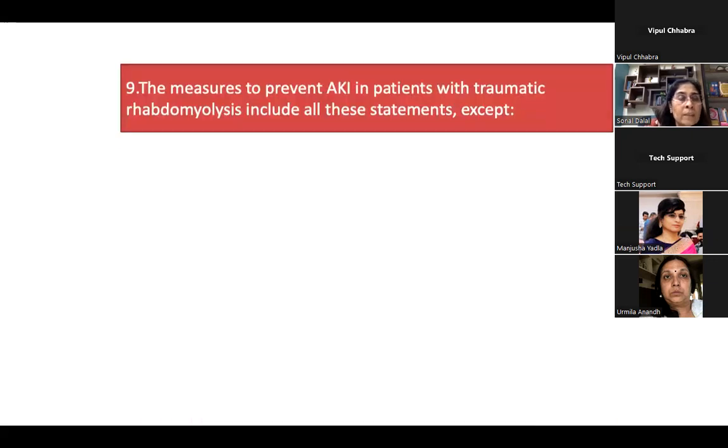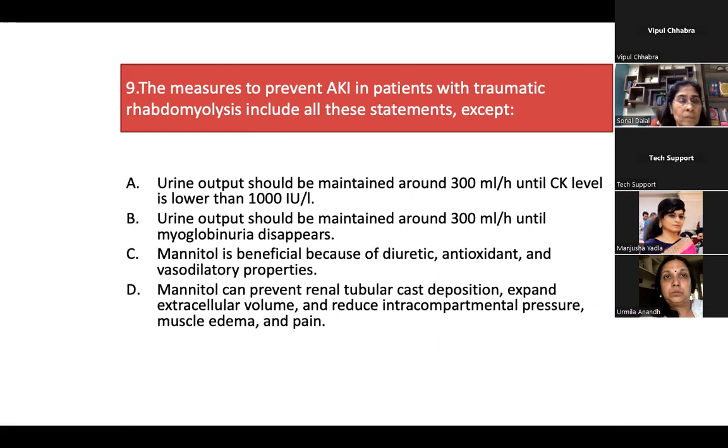Case number 9. The measures to prevent AKI in patients with traumatic rhabdomyolysis include all of the following except: A, urine output should be maintained around 300 ml per hour until creatinine kinase level is less than 1000. Option B, urine output should be maintained around 300 ml per hour until myoglobinuria disappears.